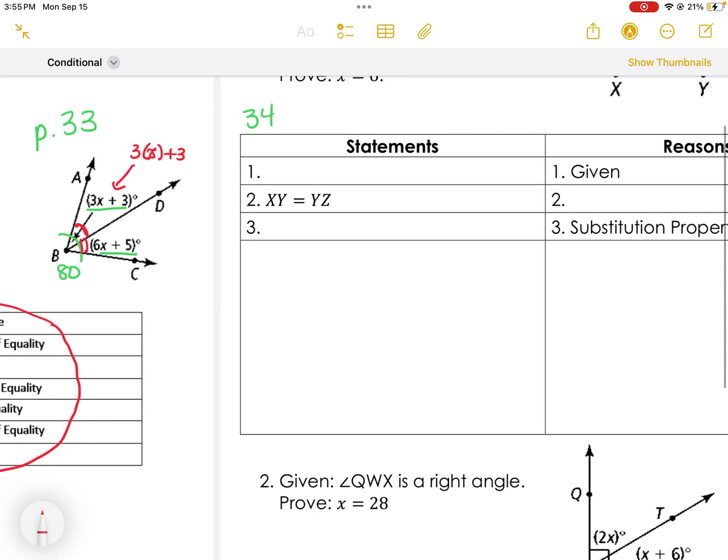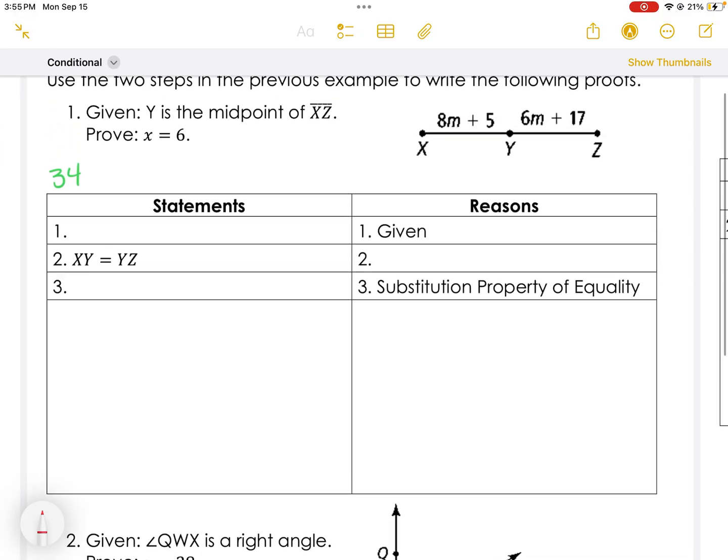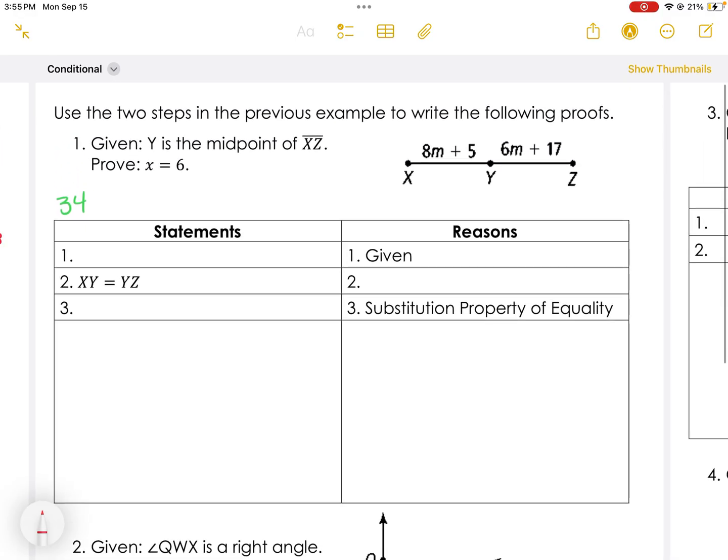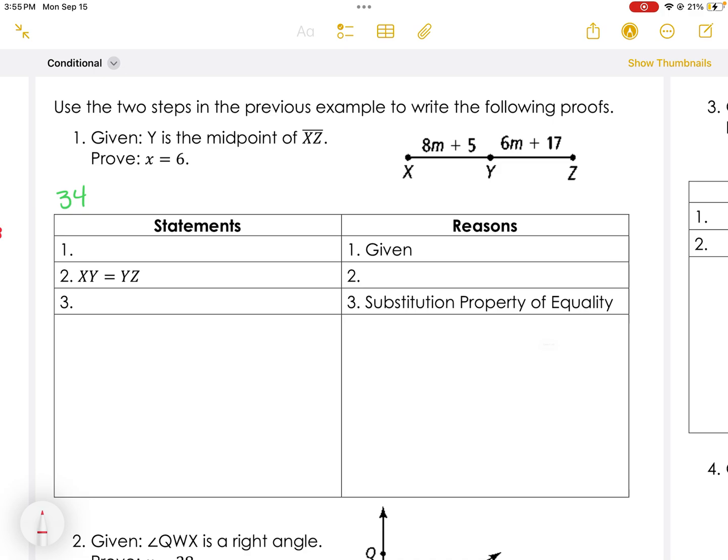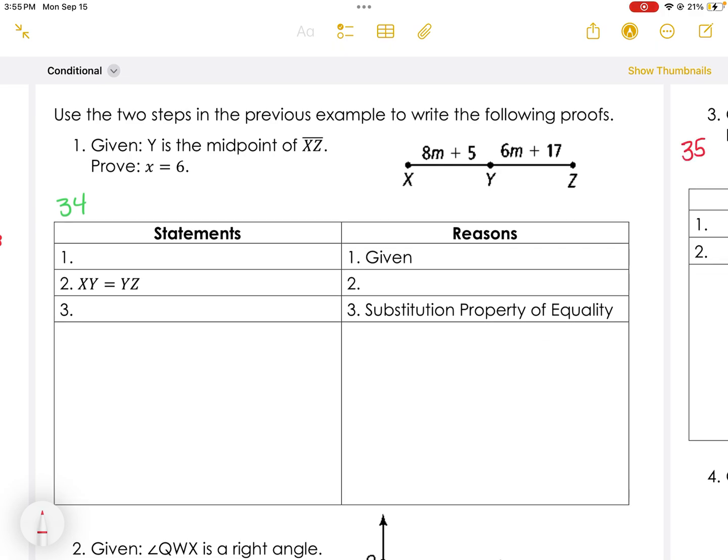We're going to use very similar reasons for these. Okay, so on page 34, that'll be 35. On page 34, remember we always start with our proofs. We're going to write the given first. I'm going to abbreviate that. Midpoint of XZ.